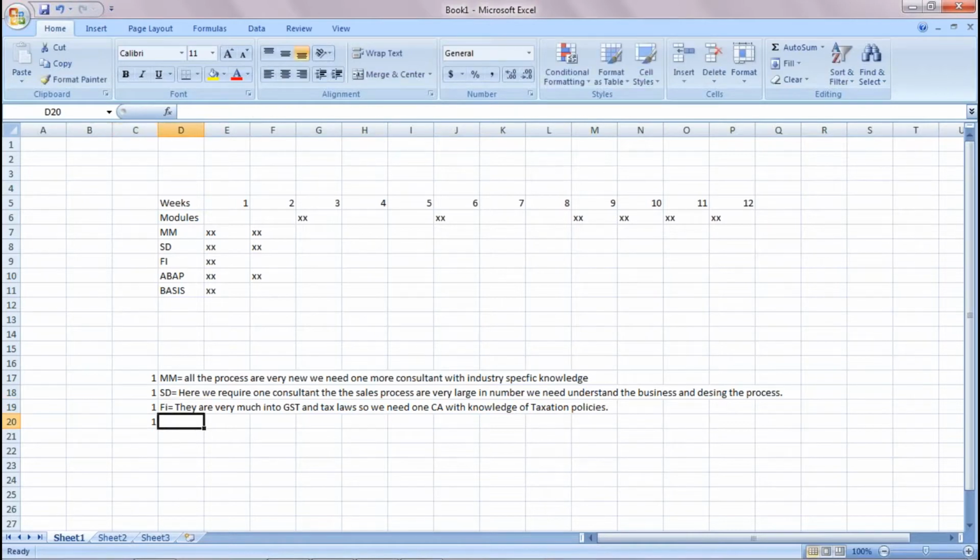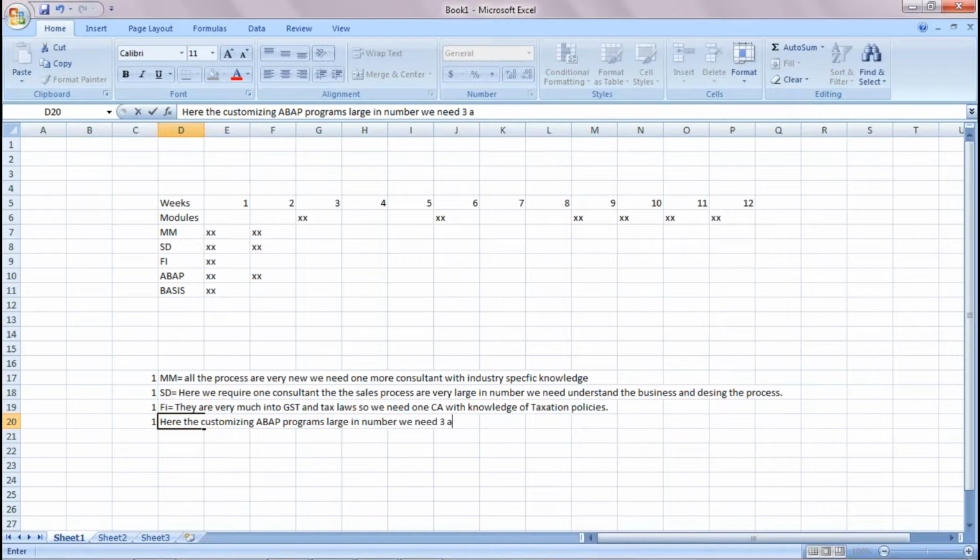What does ABAP do? ABAP says customizing that program, tracking numbers.